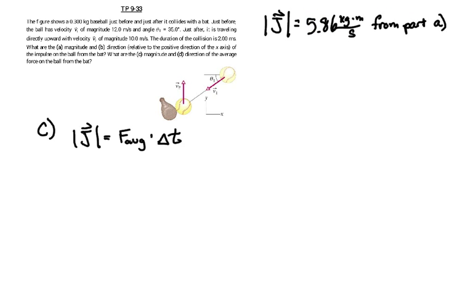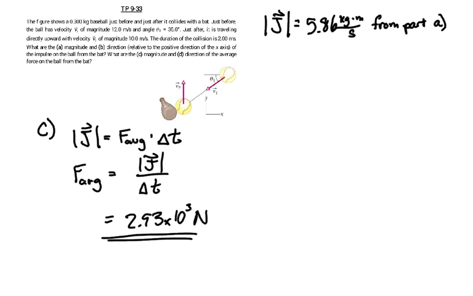And we're solving for the average force on the bat. So we do some algebra to rearrange our equation, and we have the magnitude of the impulse vector divided by the duration of our collision. And that results in 2.93 times 10 to the 3 newtons. And that completes part C.